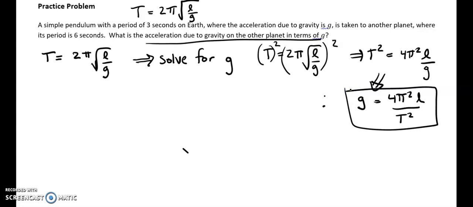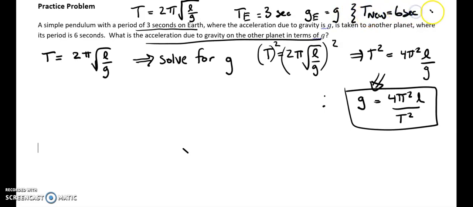Cool. I'm going to do this problem all without a calculator just because I think it's fun. On Earth, the period is 3 seconds, and g on Earth is just g. On this other planet, which I'll call planet nu, the period is now 6 seconds, and g_nu is what we want to find.